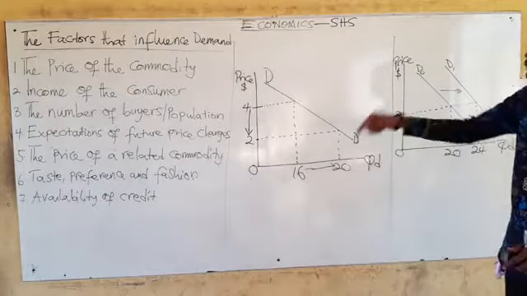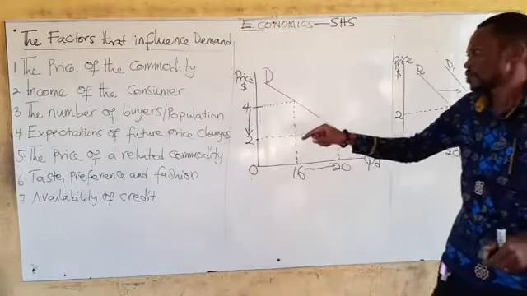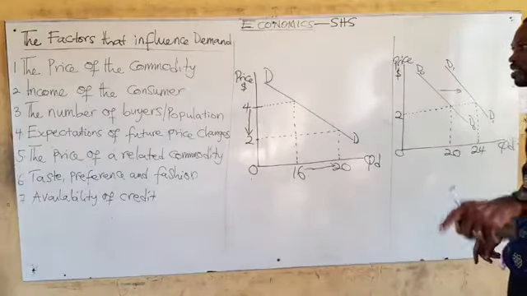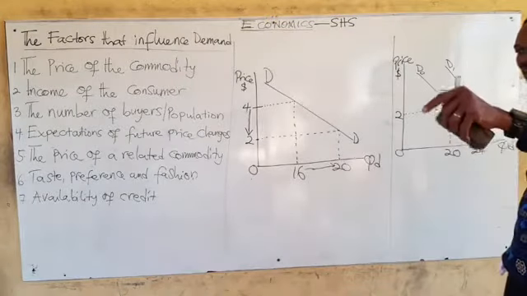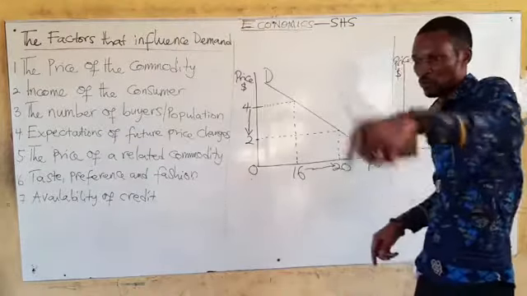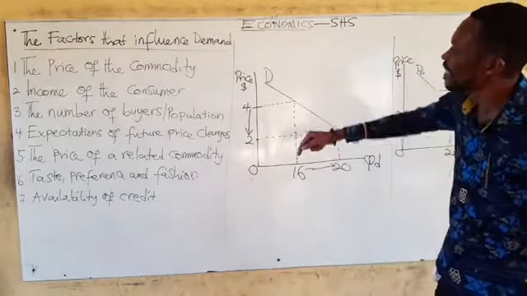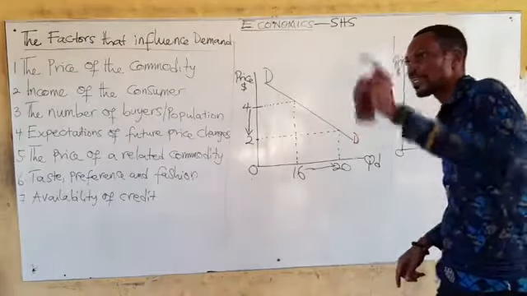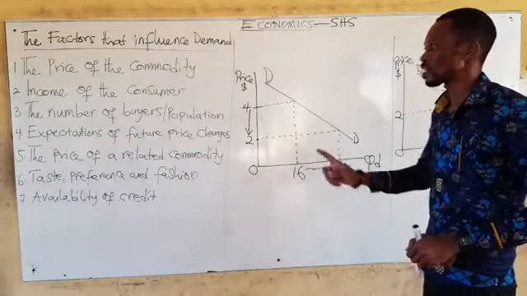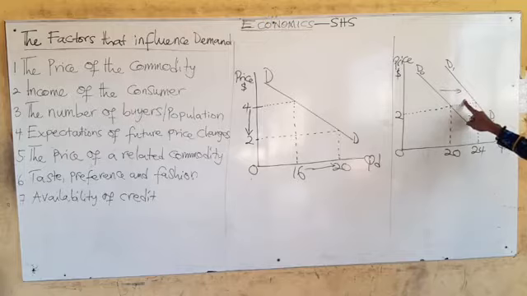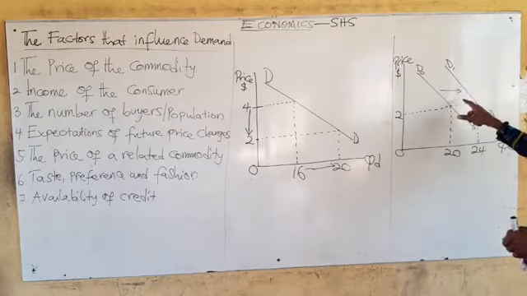However, if the price of a complement increases, the demand for the other commodity is going to fall. However, if the price of the commodity falls, its complement will increase. That will be explained later. So that can be illustrated using this particular diagram.